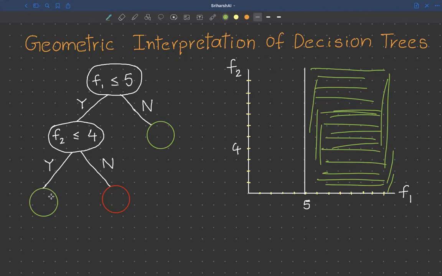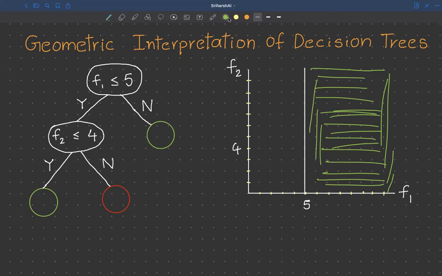And when we come here, there aren't any more conditions to check because again we reach a pure node. In case this condition is false, that is, if feature F1 is less than or equal to 5 and feature F2 is greater than 4, then we come to the right hand side of the tree, where every sample belongs to the negative class.